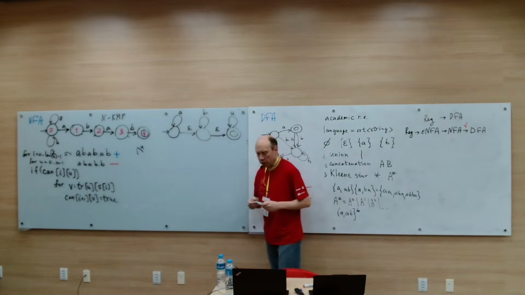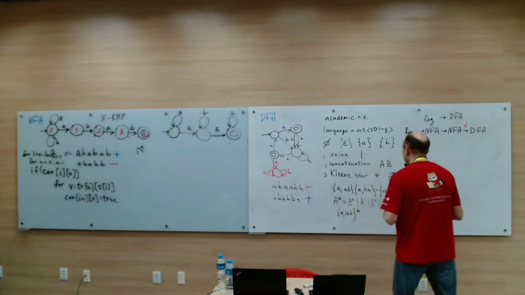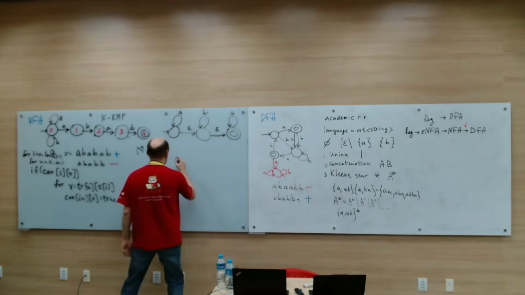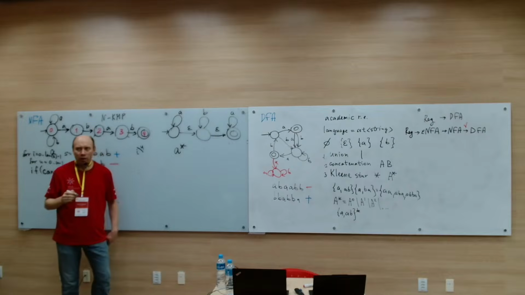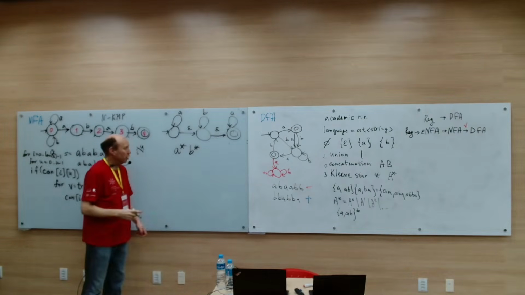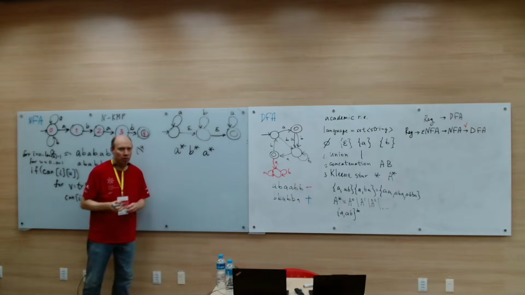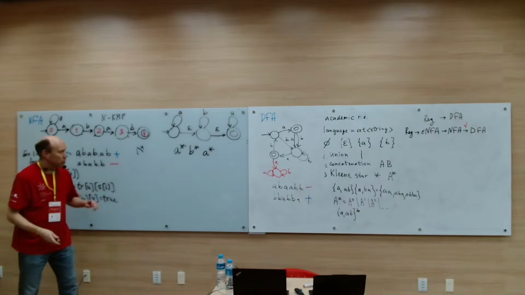By the way, using regular expression notation, any number of A's is clearly A star, any number of B's is B star, and any number of A's again is A star again. So this can be denoted with this regular expression.